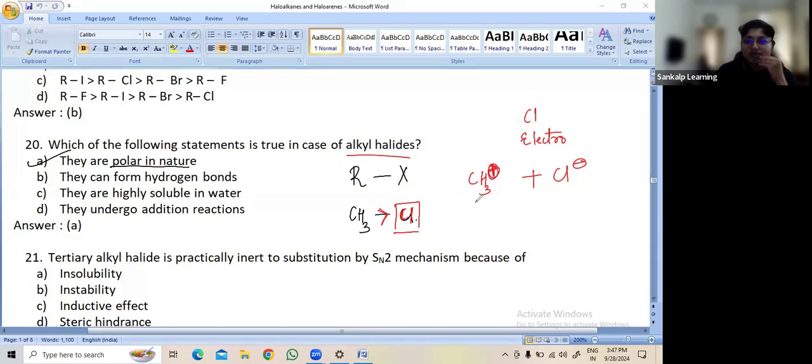There are no electrons, it is electron deficient. But chlorine is having a pair of electrons, extra electrons are there, so it is having negative charge. Negative means additional electrons are present. Positive means it is electron deficient. Negative means electron rich. So because of this, alkyl halides are highly polar in nature. So the rest of the options are discarded. So option number A is the correct answer.